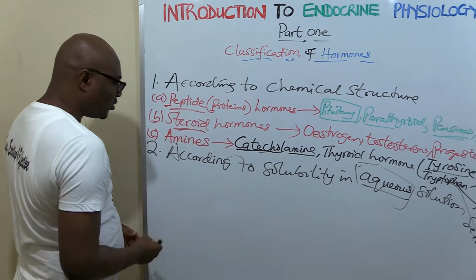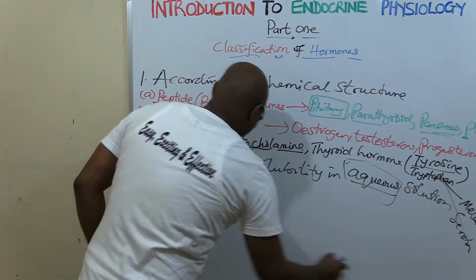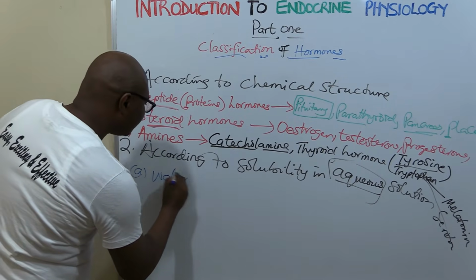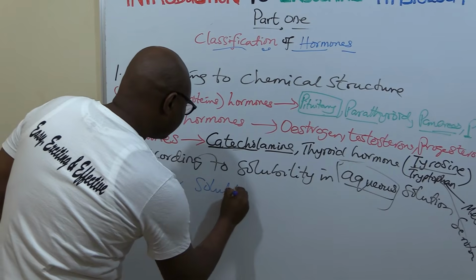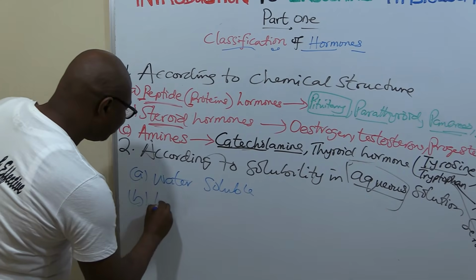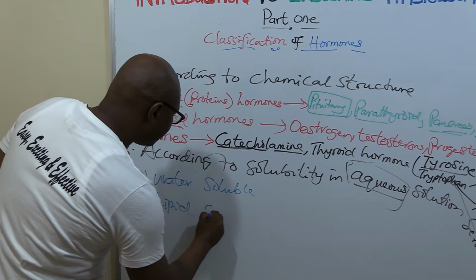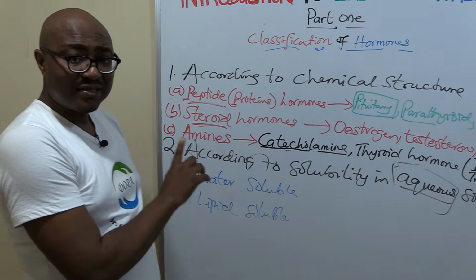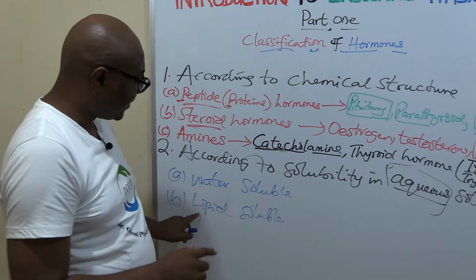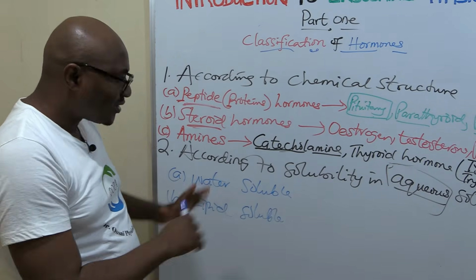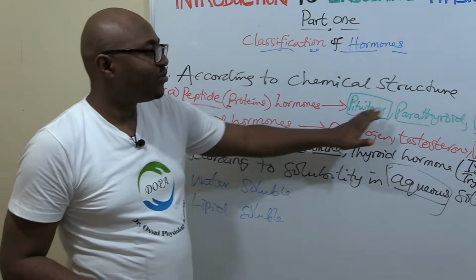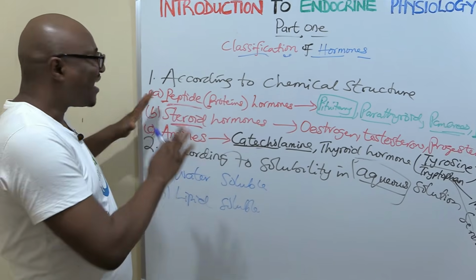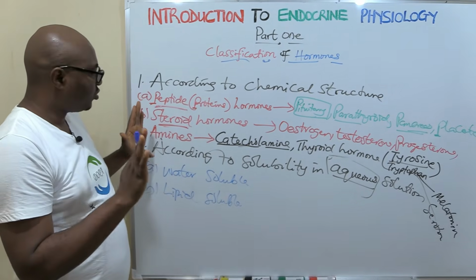Then according to solubility, you have, of course, the water soluble and lipid soluble. Now there's an implication of this. The water soluble, all peptide hormones, okay, now you see them, pituitary, parathyroid, they are all water soluble.